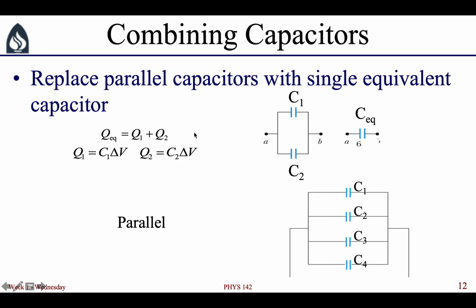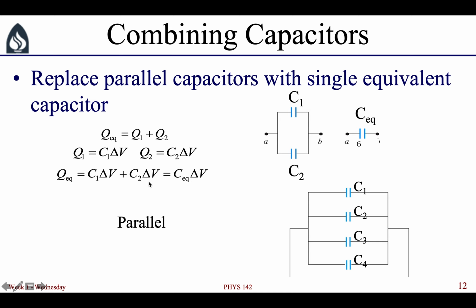We also know by rearranging the capacitance equation that the charge stored on capacitor 1 is equal to capacitor 1's capacitance times the potential difference. And the potential difference is the same for both capacitors since they are in parallel. So we can rewrite this charge expression and say that the equivalent charge on the single capacitor is equal to the charge stored on capacitor 1, which we write like this, and the charge stored on capacitor 2, which we write like this.